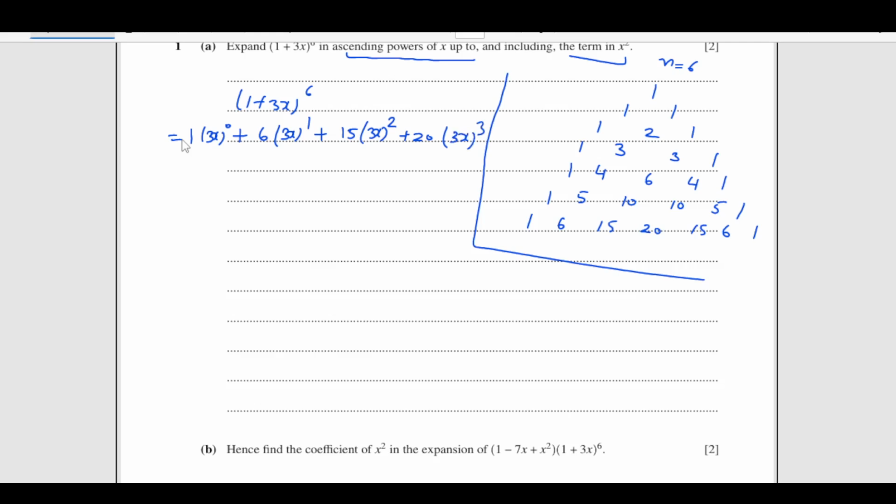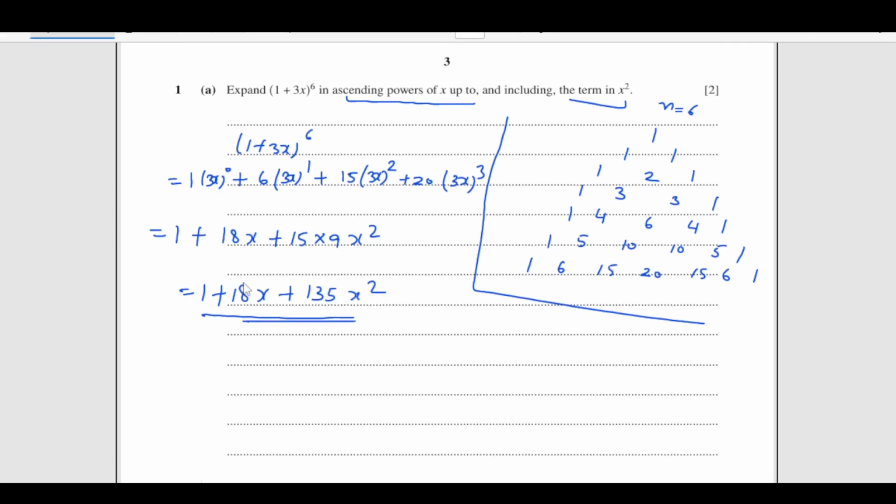We are just looking at terms up to x squared, so we will just take the first three terms here. So 1, since 3x power 0 is 1, plus 18x plus 15 times 9x squared, right? So this is 1 plus 18x plus 135x squared. This is our final answer here, okay, because the question asks only for terms up to x squared.